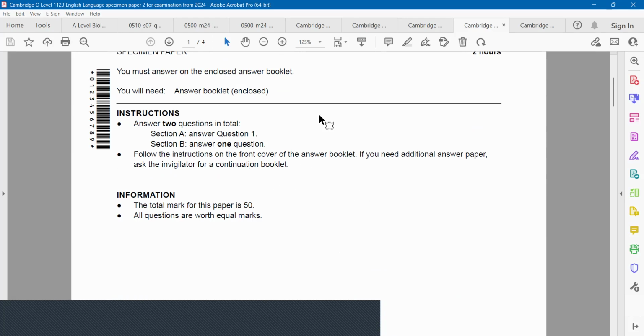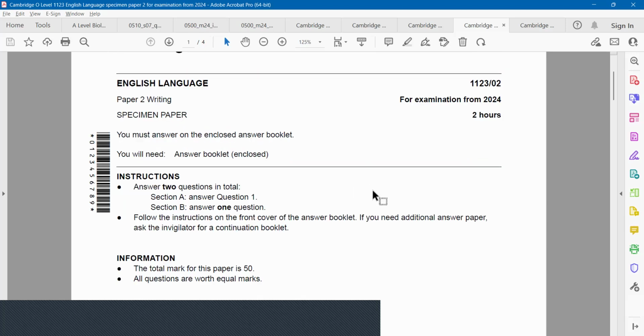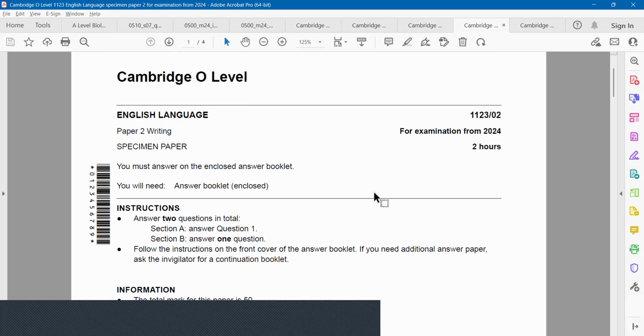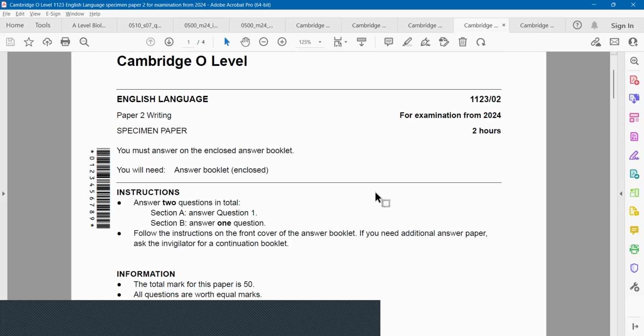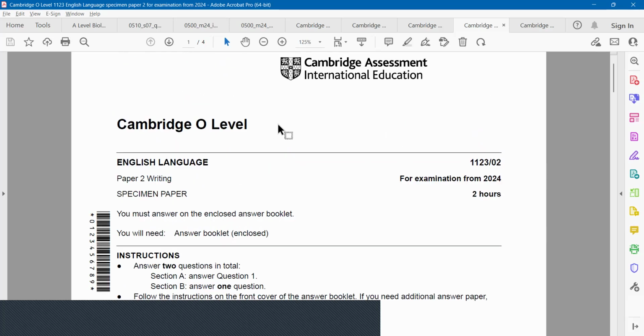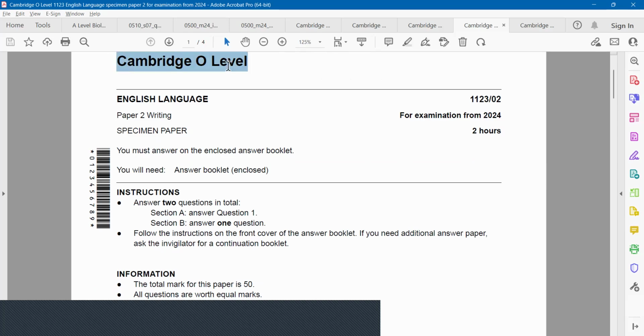One thing to keep in mind when attempting the paper, on both your question paper and answer sheet, whether the answer booklet is given separately or is part of the paper, is to always read the instructions. Read everything. You're sitting for the English paper, but is it Cambridge O Level? Hopefully there was no mistake and they didn't give you an IGCSE paper.